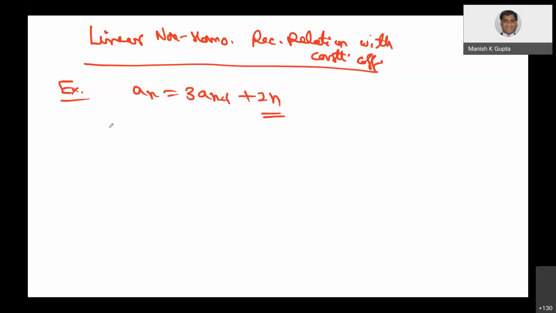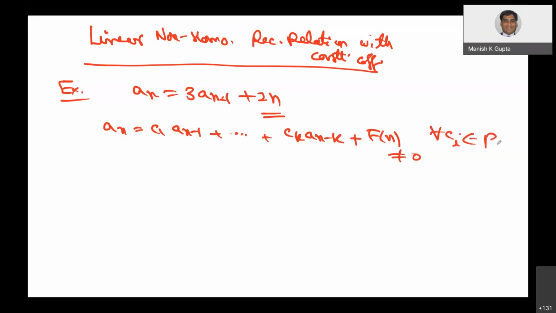So in general, the equation is of the form a_n is equal to c1 a_(n-1) plus dot dot dot plus ck a_(n-k), of degree k, plus some function of n. This function is not equal to 0, and every ci is a real number. So this is a non-homogeneous equation because of this non-homogeneous term. If this term is 0, we get a homogeneous equation.